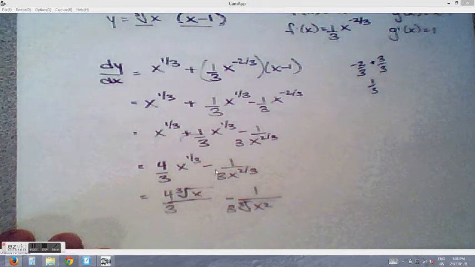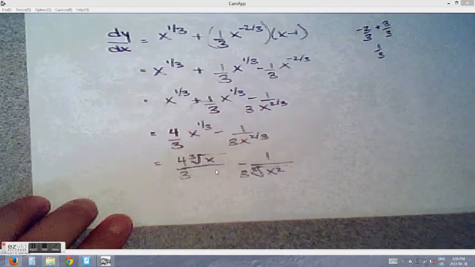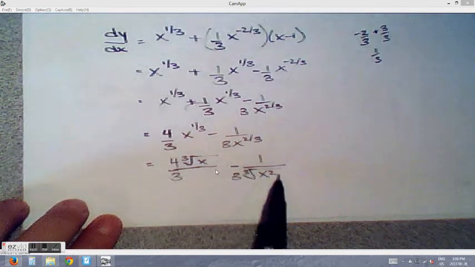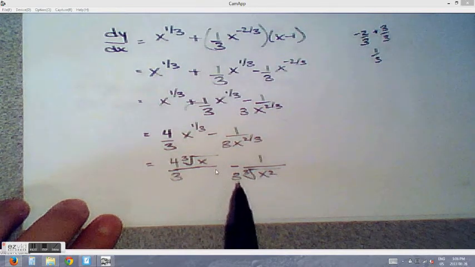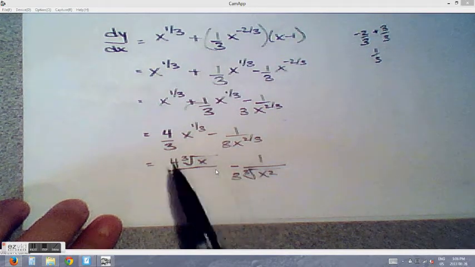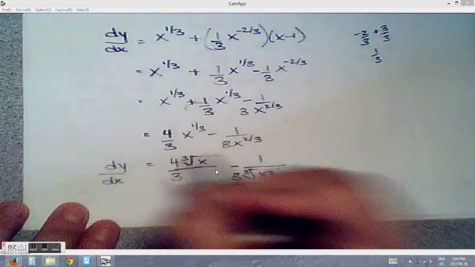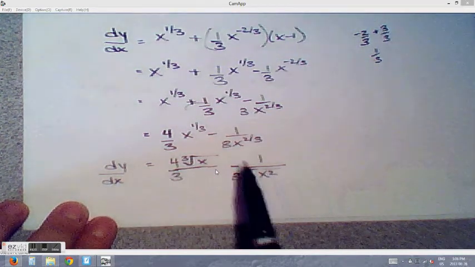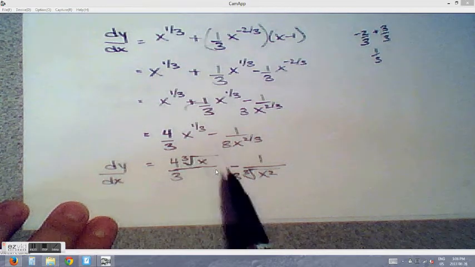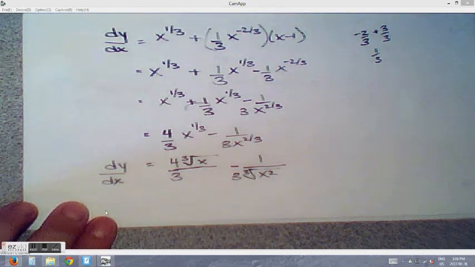Is there anything that I can possibly do now? The only other thing I could do in this case is to come up with a common denominator and add the numerators. But for now, I think I'm just going to leave you with that because we have everything in radical form as well as positive exponents.